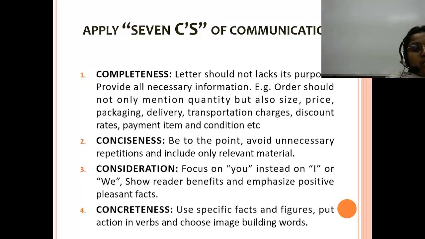Often it means using denotative words, which are direct and dictionary-based, rather than connotative words. Ideas are suggested by our associations with a word or phrase. Business writing should be specifically defined rather than merely suggested.